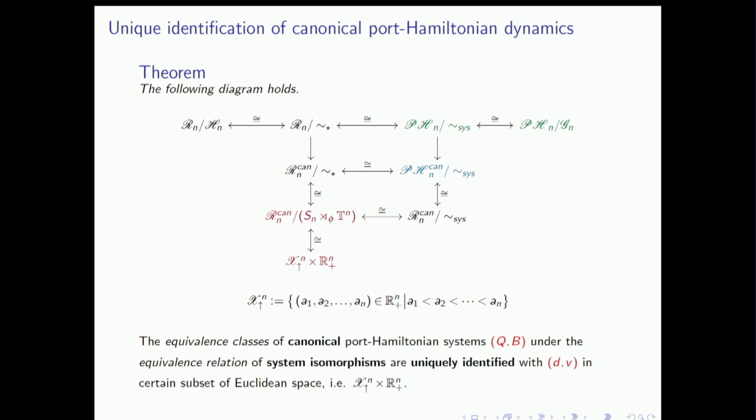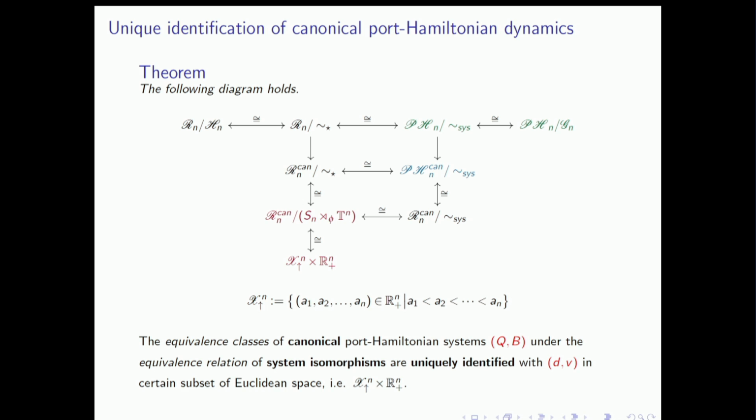But I found this possible when I restrict to the canonical subset, which is dense. As long as you project to the canonical subset, you can prove a lot of isomorphisms, and in the end you can see the symmetry is given by the semi-direct product of the permutation group and a torus, basically. And then you can even characterize it explicitly as a subset of some Euclidean space.